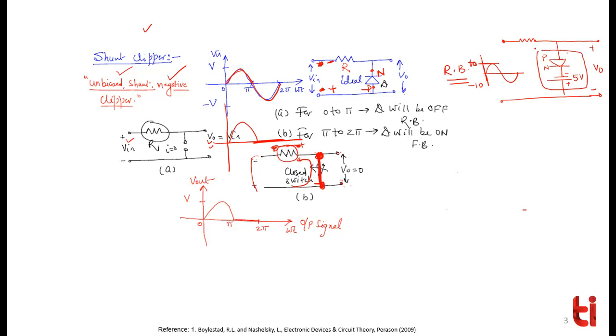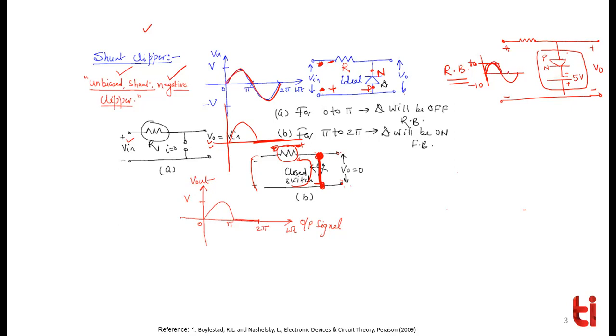So when we apply the positive half cycle, will it change from forward to reverse or remain in a forward? It will remain in a forward because you will make P even more positive than N. So in the first half cycle, this diode is going to remain in a forward bias.